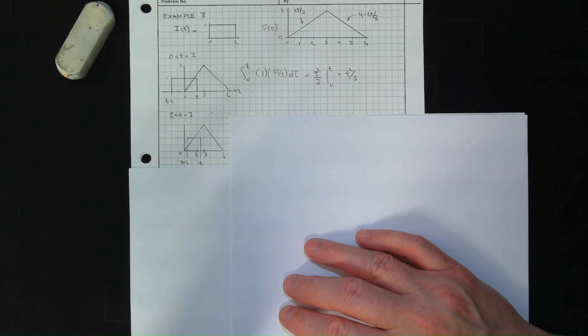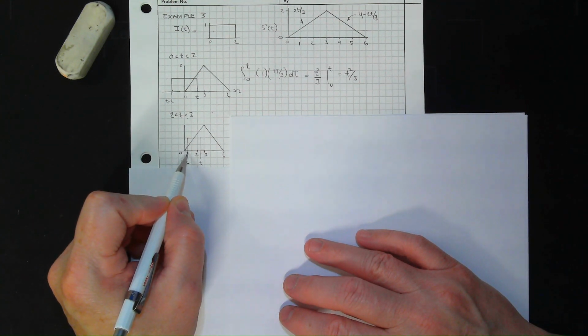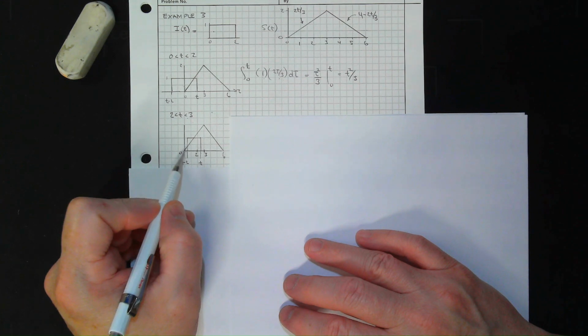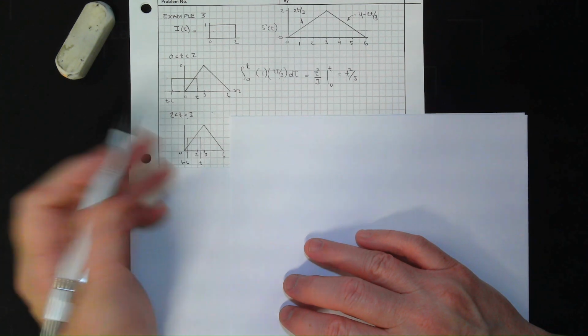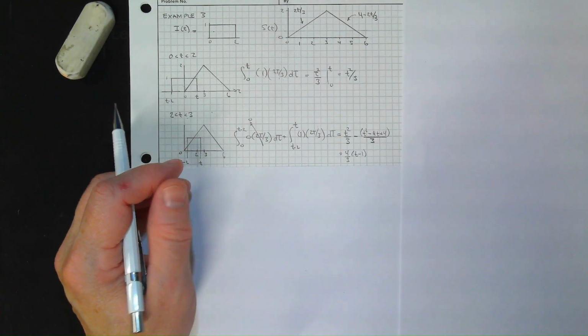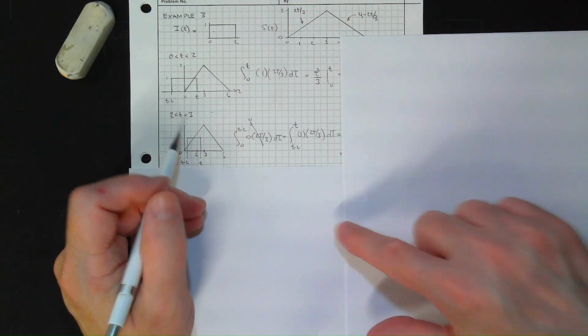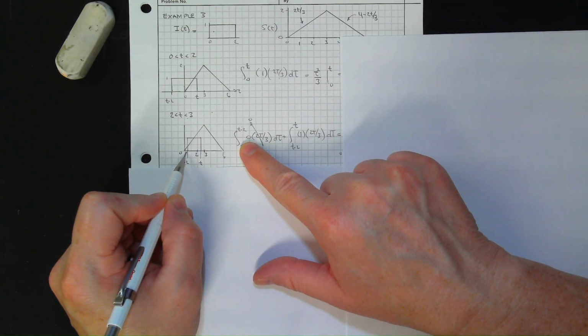All right, so now we want to integrate this. So we'll notice from 0 to t minus 2, there's nothing there. Then I can go from t minus 2 to t and finish my integral. And that's what I have. So from 0 to t minus 2, the input is 0.